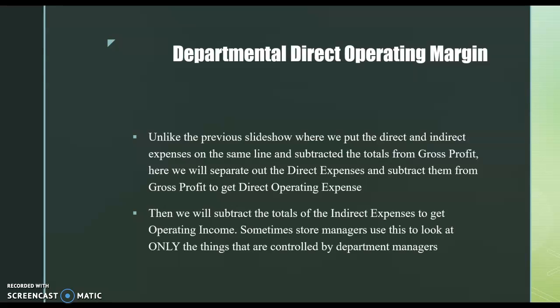But they should have some kind of control over the sales, the cost of goods sold, and the direct operating expenses. So if we just work with those and take a look at the direct operating margin for each department, we can see how much each departmental manager had control of.